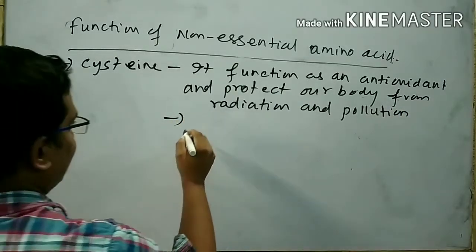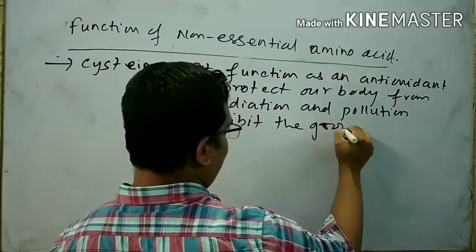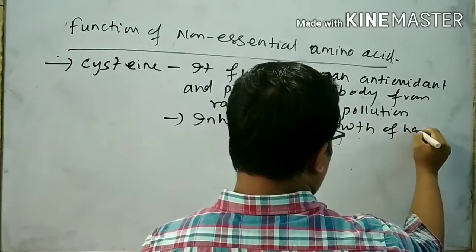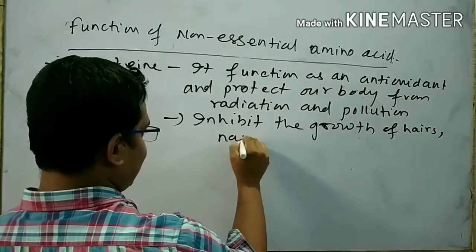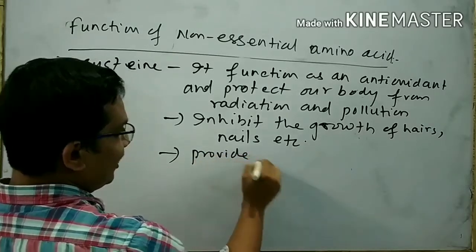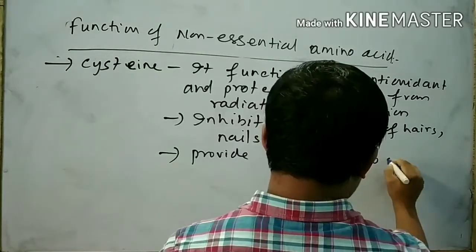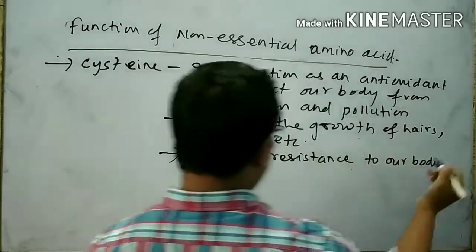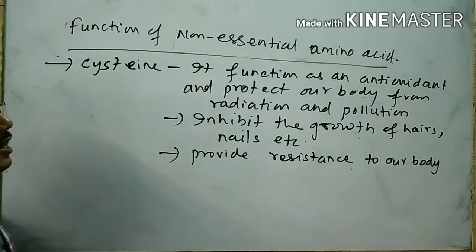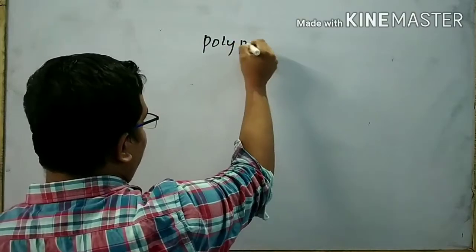Also, it inhibits the growth of hairs, nails, etc. It also provides resistance to our body. These are the non-essential amino acids and their functions. This is all about your amino acid. Next I will discuss the polypeptide.